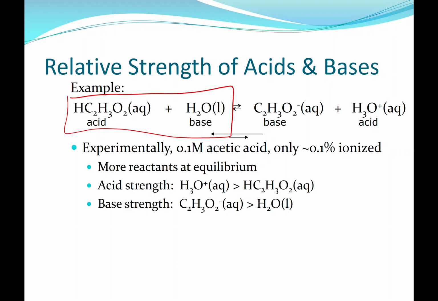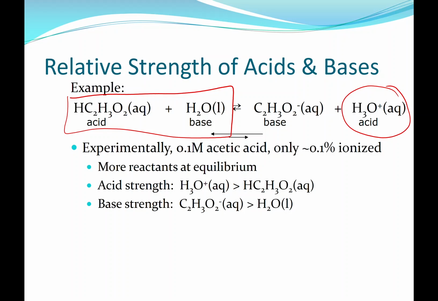And so what that tells us is that acetic acid is actually a weaker acid than hydronium ion, because hydronium ion is better at donating that proton than the acetic acid is. And since it is better at donating the proton, we're going to mostly have acetic acid in our equilibrium mixture. So the stronger acid here is hydronium ion.